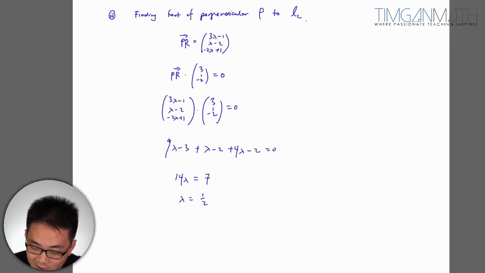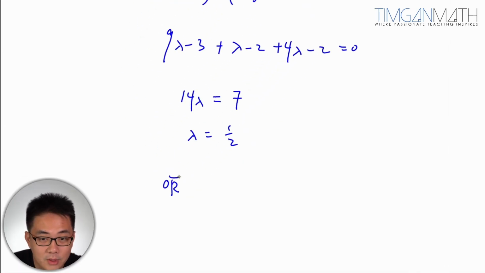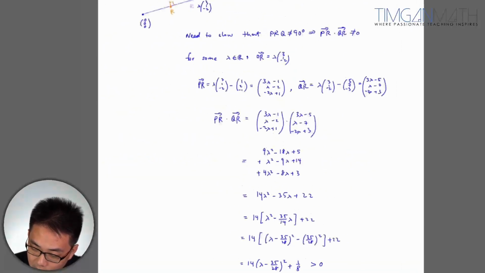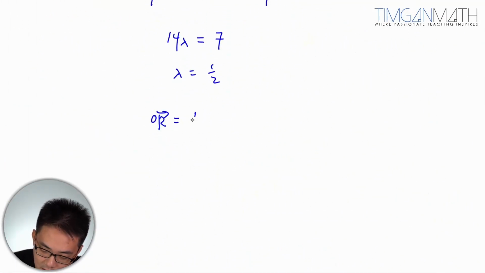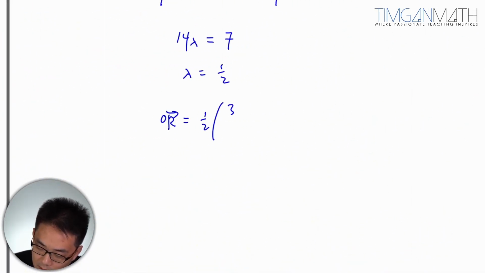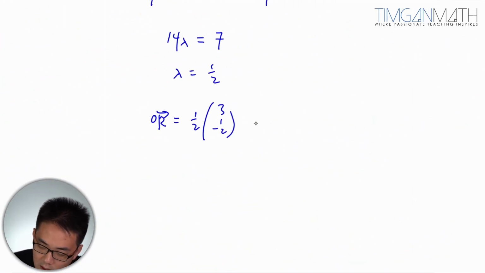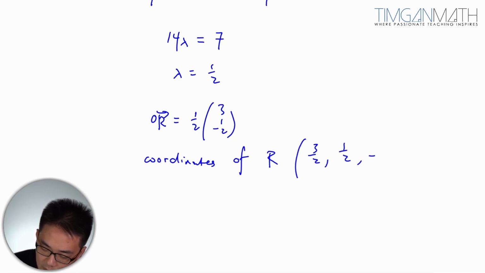So very quickly you get half. In other words, OR, the position of R, will be half of (3, 1, -2). Coordinates of R will just be (3 over 2, 1 over 2, -1).